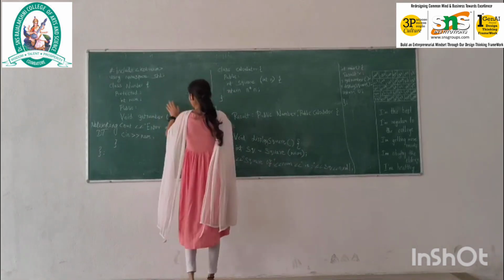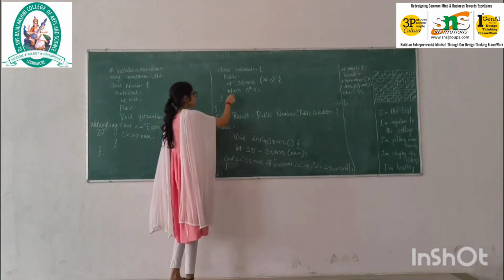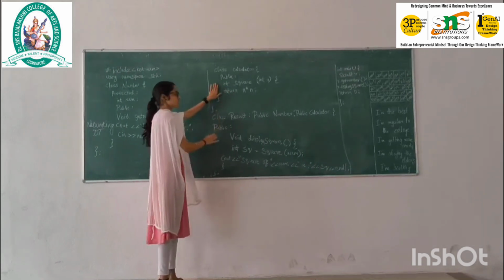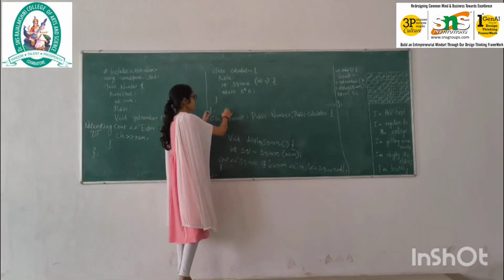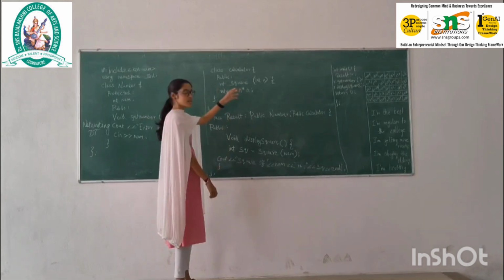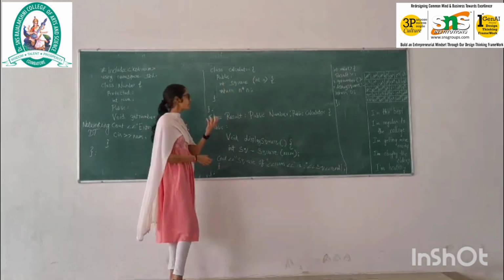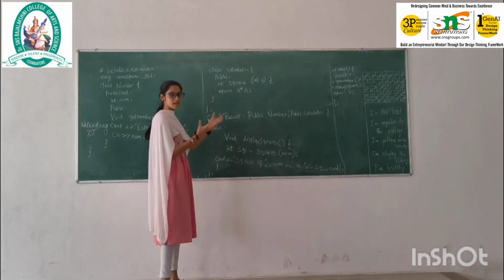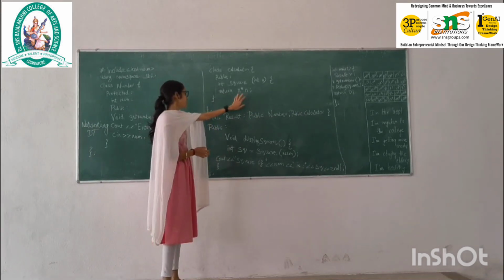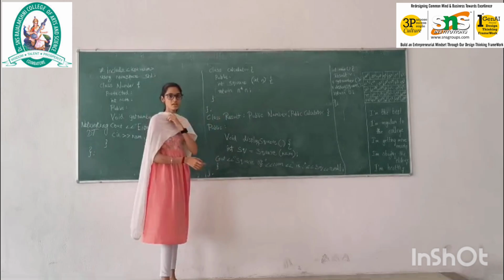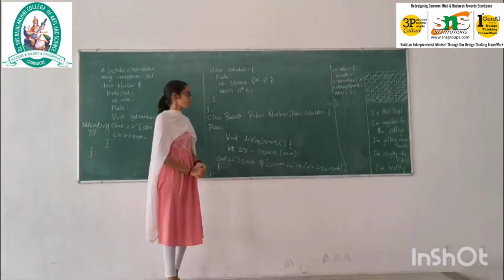After class number, we are defining class calculator. Inside this calculator, we are performing the calculation operations and getting the value for the square of the given number, and returning the value. So it will be returning the square of the particular number.